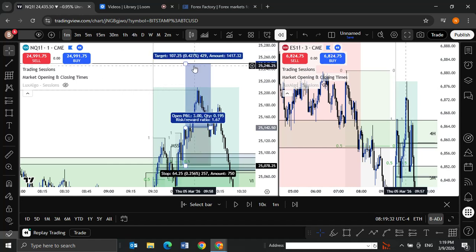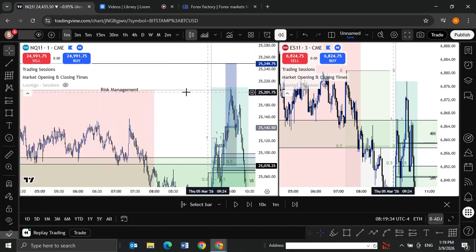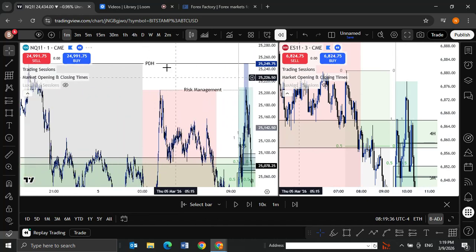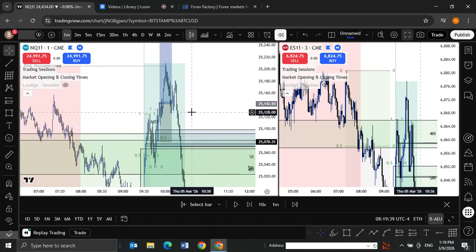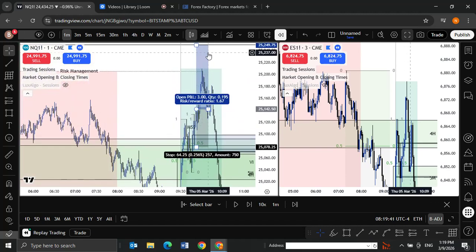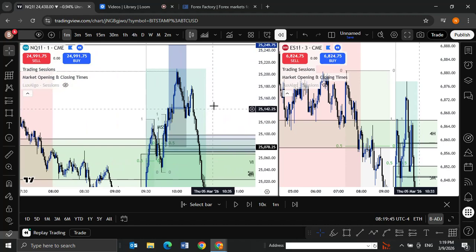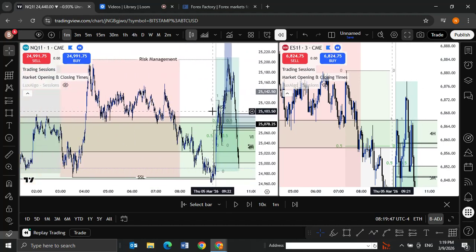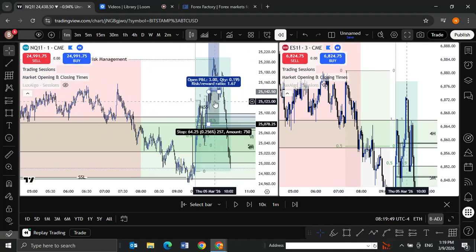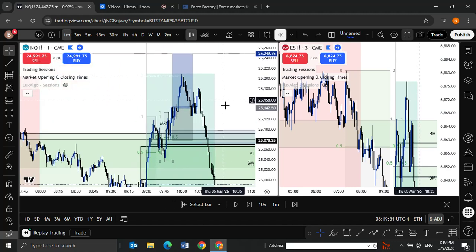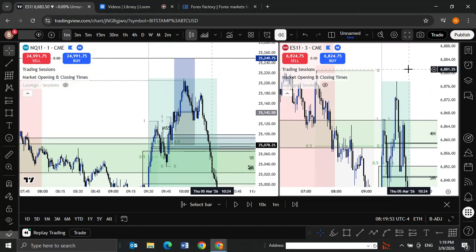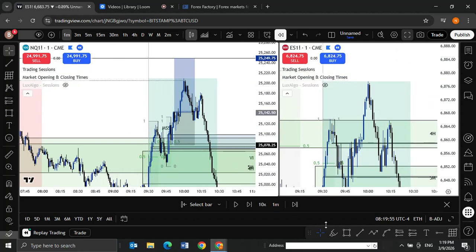No take profit target taken, no previous day low taken, but the low high is taken. So do I think this is a manipulation? Hard to say, but if I look at how this move developed, I can see that this is a macro, right?